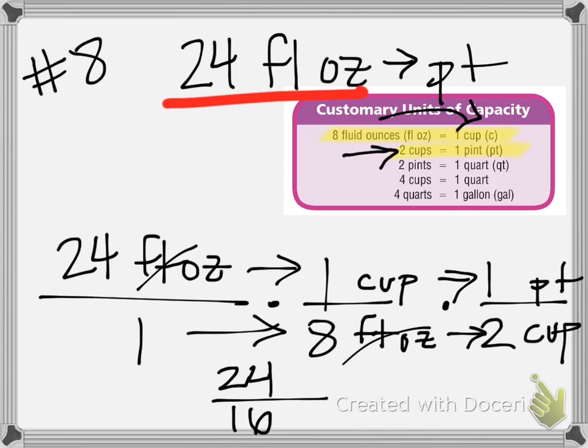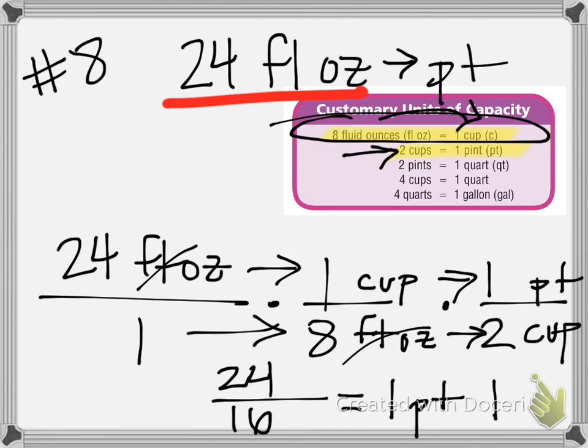Alright, so if we look at this, 24, we're trying to see how many times does 16 go into 24, and it goes in once, so we have 1 pint. And if you think about it, we have 8 ounces left over, so 1 pint and 8 ounces. But if you notice up here, 8 ounces is 1 cup, so it'd be 1 pint and 1 cup would be our final answer.